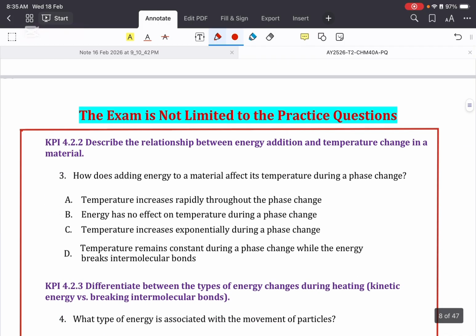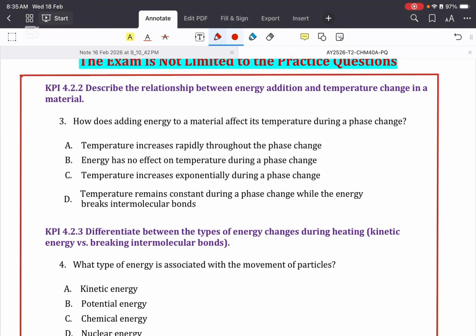Describe the relationship between energy addition and temperature change in a material. So how does adding energy to a material affect its temperature during a phase change? You need to understand that if this is the phase change, here the temperature is increased all the time, but during the phase change itself, the temperature remains constant.